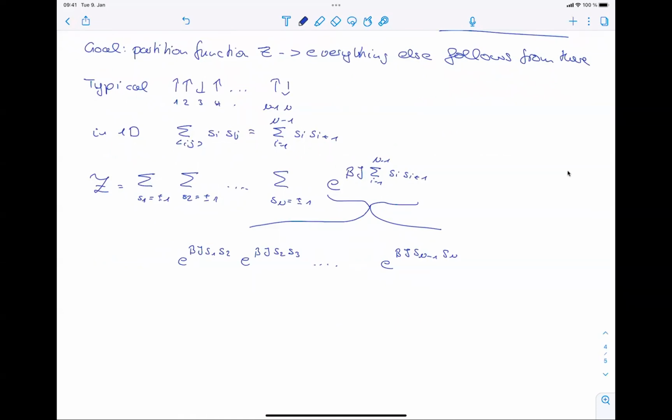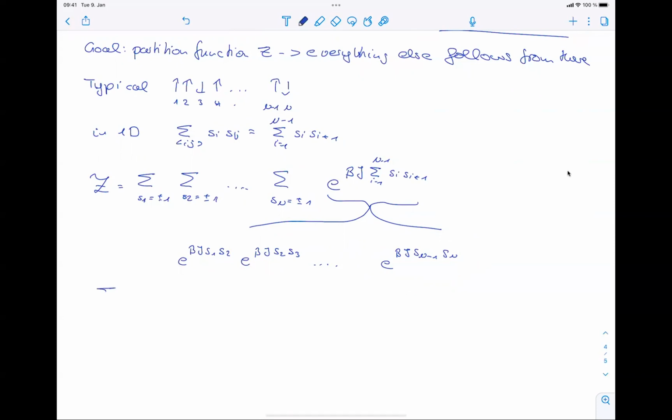So what I have to do if I want to sum over the states of these is to notice that any spin inside, like S2, only pops up in these exponents.